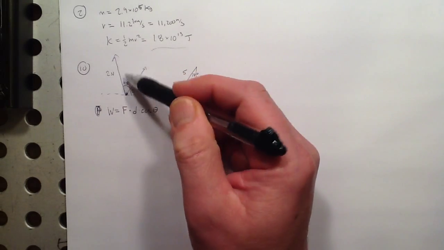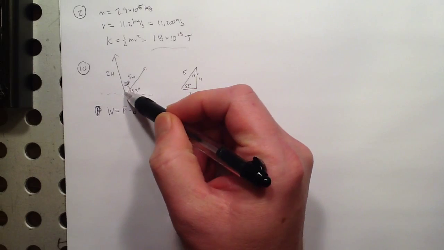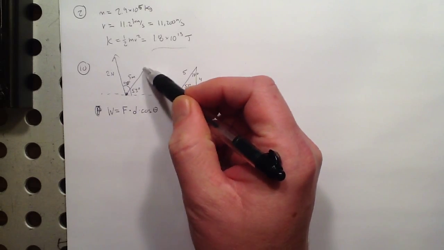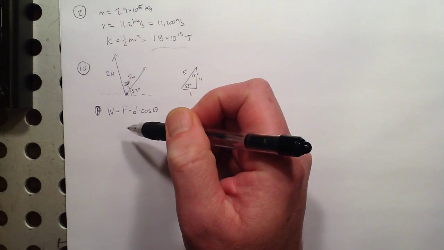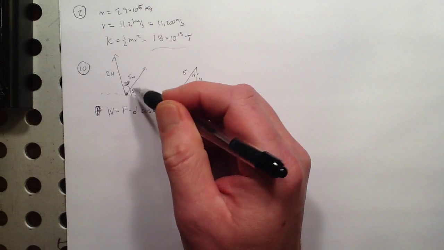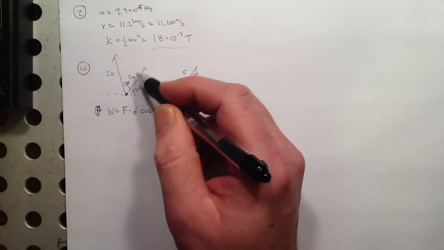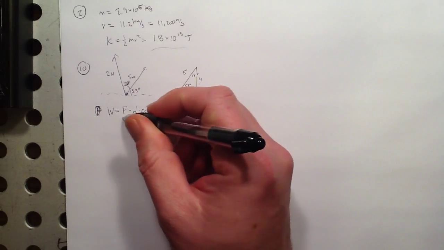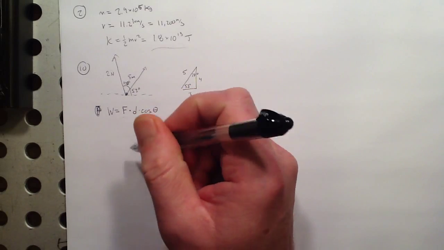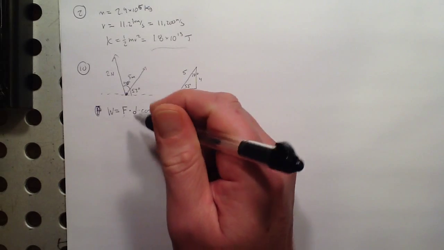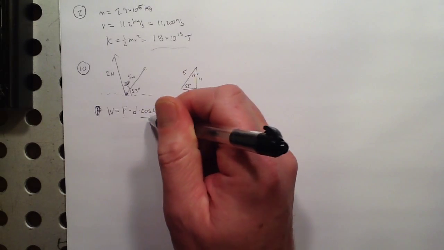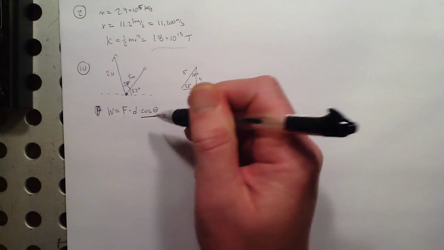If the 2 newton force were directed in exactly the same direction as the displacement, then it would be 10 joules of work. But since it's not quite the same direction, we don't get the full brunt of the force, so to speak, in the direction of the displacement. So we have to multiply by the cosine of the angle between them.